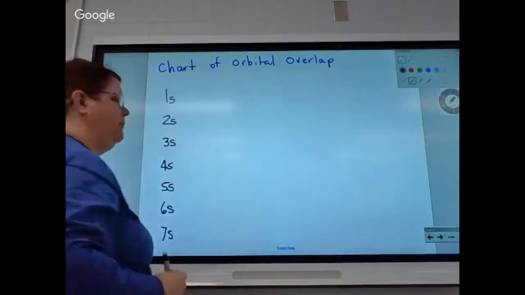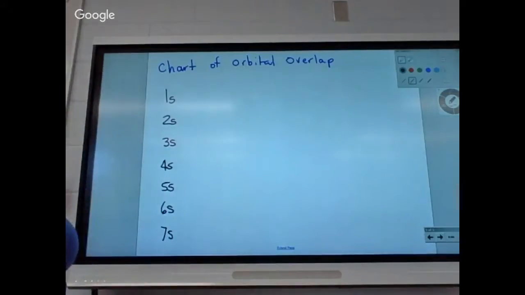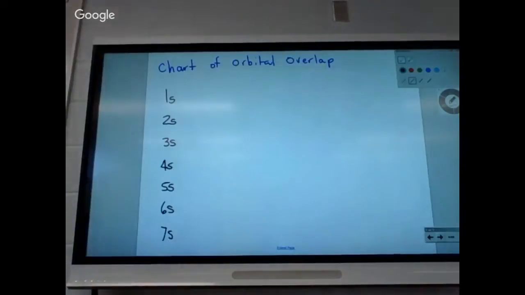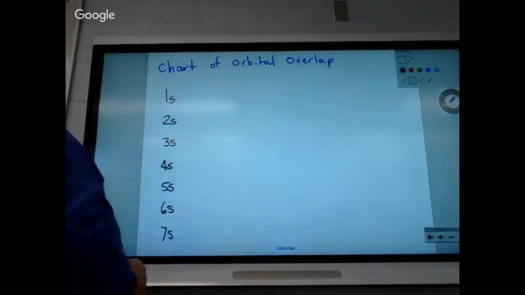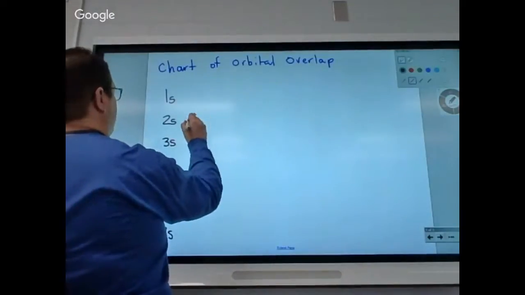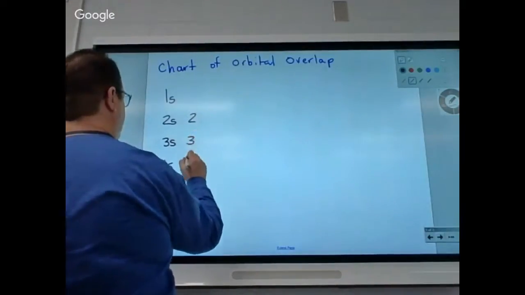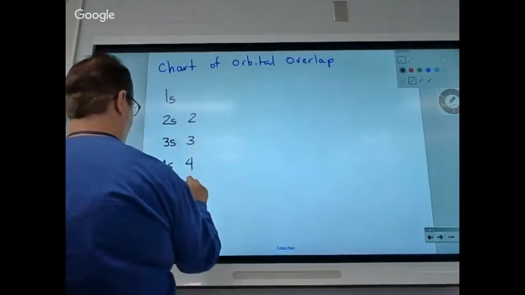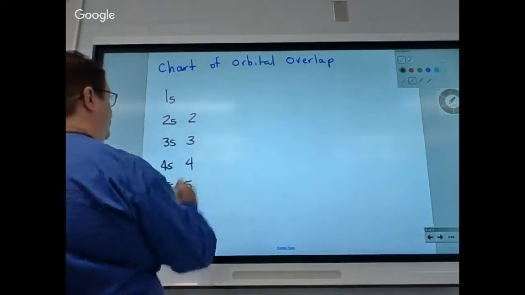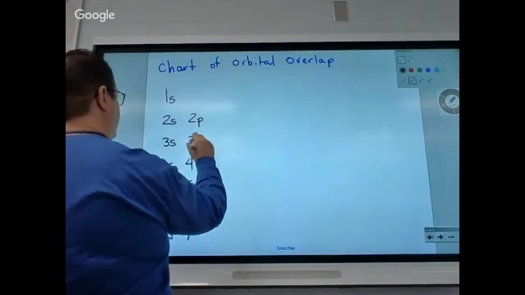Did I lose anybody yet? I wrote 1 through 7. And what's the first sublevel? Okay. The second row starts at 2. What's the second sublevel? So I'm going to put P there.